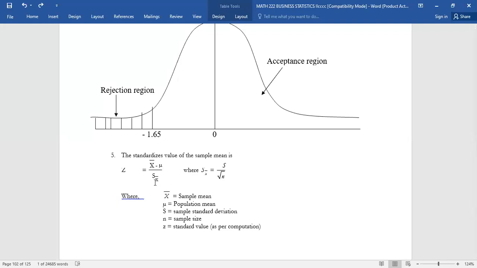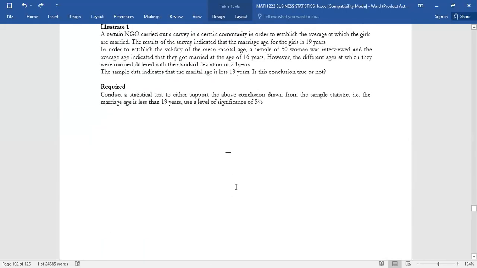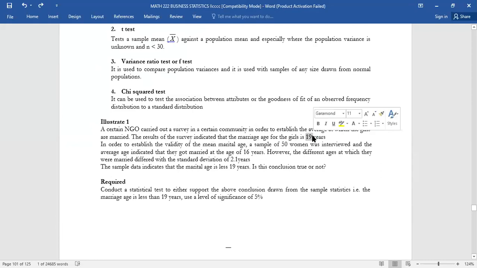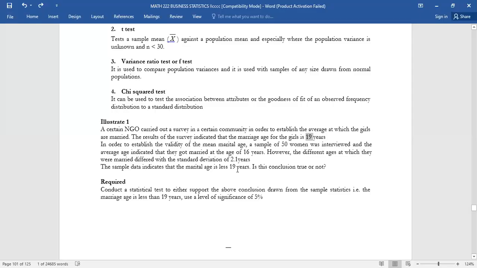So we've been given all the data. What is our sample mean? Our sample mean is 16 years. Then the population mean is 19. So 16 minus 19 over the standard deviation, which is 2.1 years.